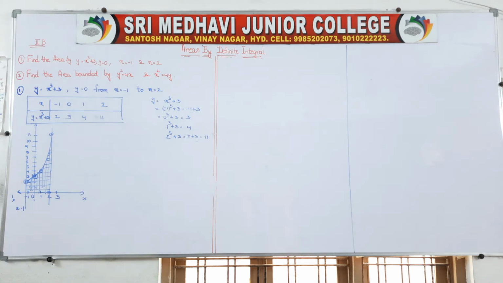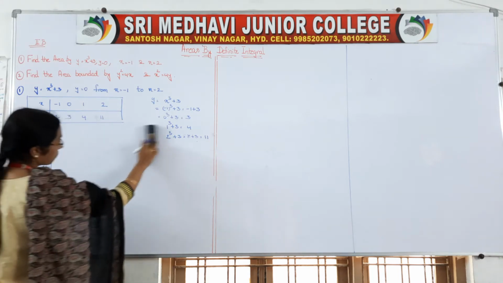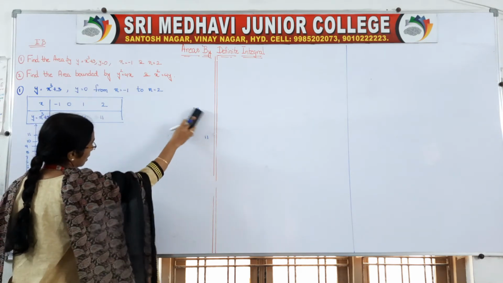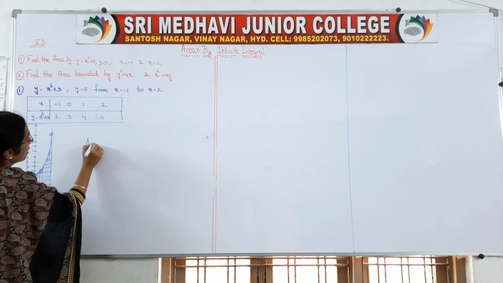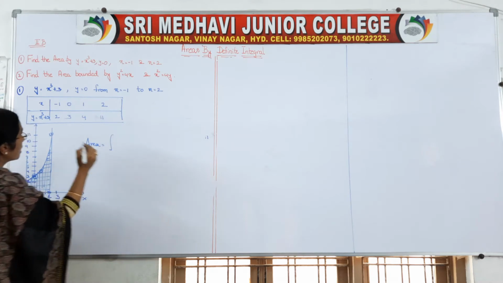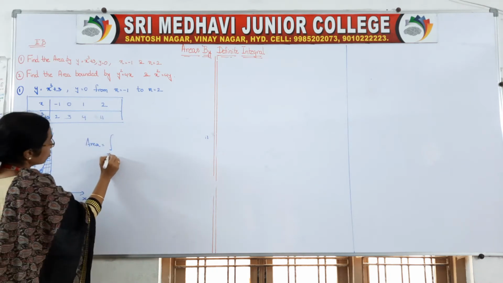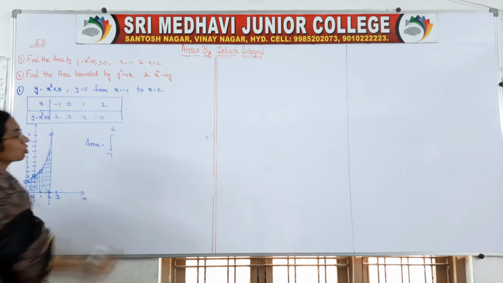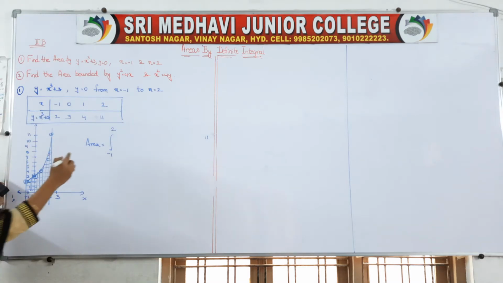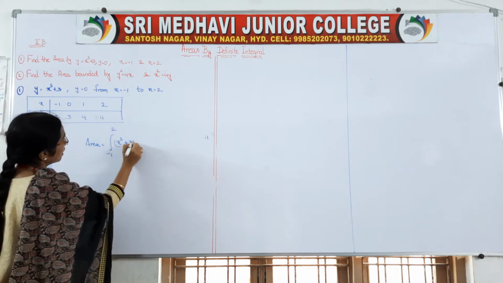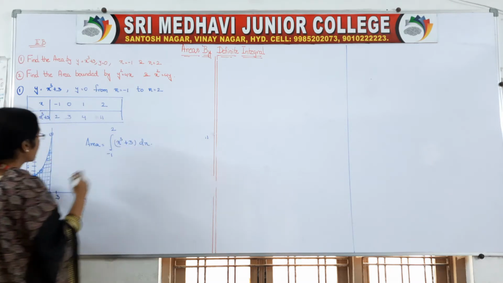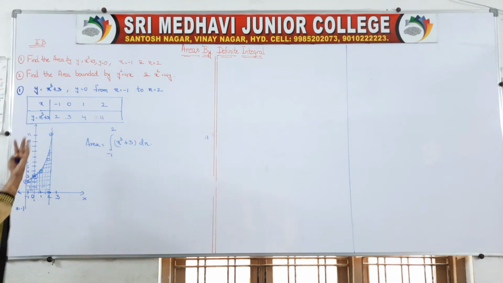Now write down area is equal to. These are only calculations to get our table. So now find the area. Area is equal to, what are the limits? It is given in the question only, minus 1 to 2. And what is the curve equation? The curve equation is x cube plus 3 into dx. Here I have taken the positive curve.